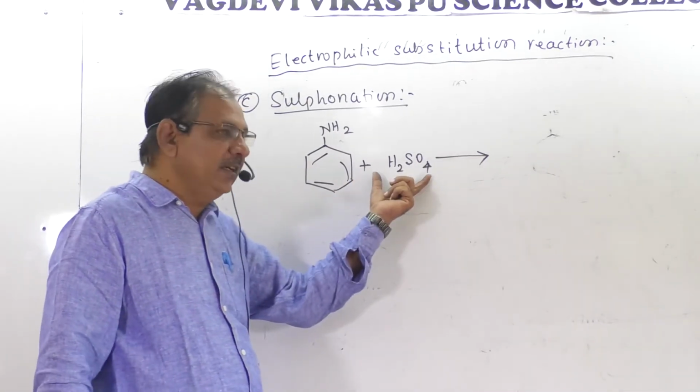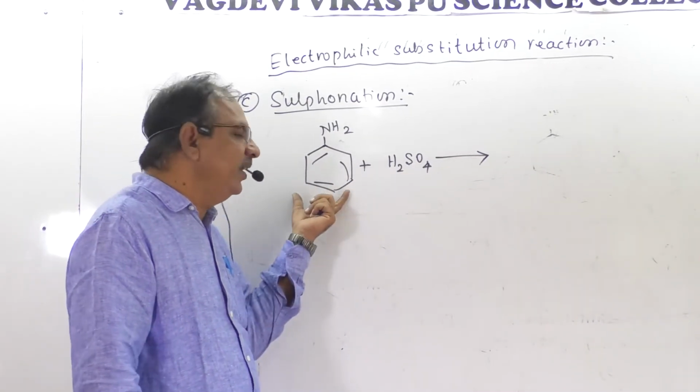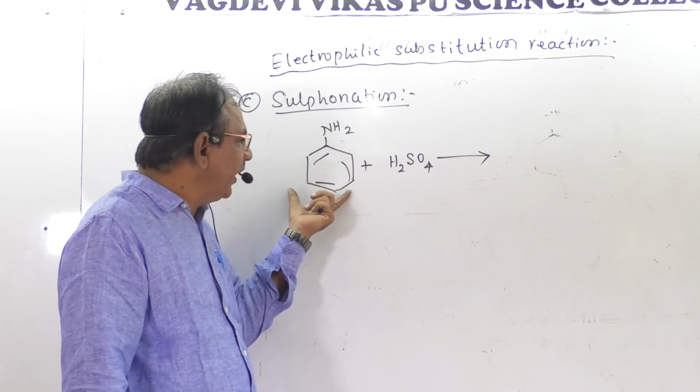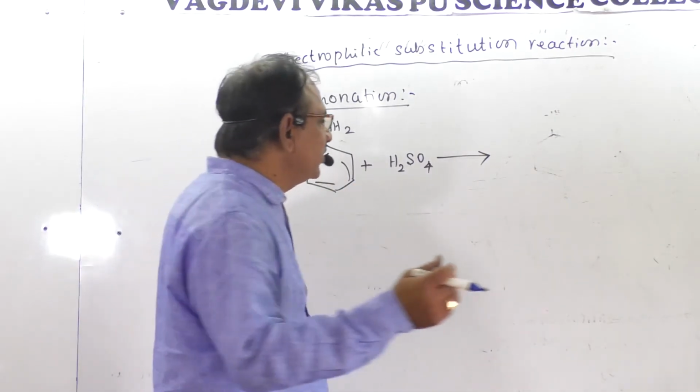Sulfuric acid is a strong acid and aniline is a base. A base reacts with an acid to form a salt.